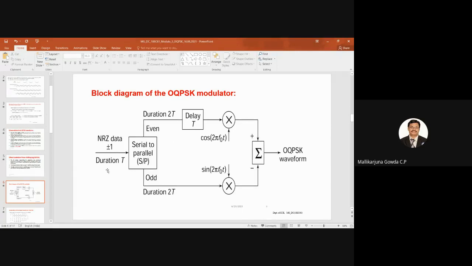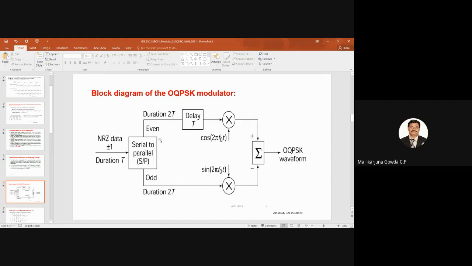So the input binary data is encoded by using polar NRZ, right? Then we do serial to parallel conversion, which is nothing but a demultiplexer, what I have shown in the QPSK transmitter block diagram. Then we get the even and odd sequences.